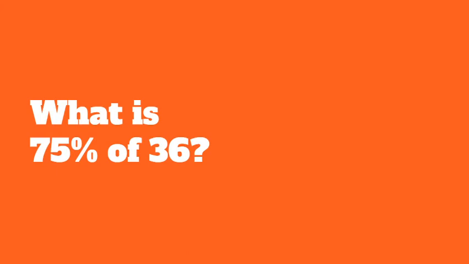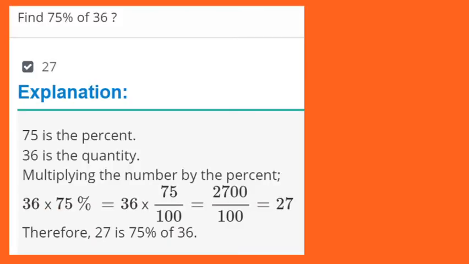Well, 75% is not as close to 100 as we'd like it, but it is a pretty big number. It's going to be a big majority of 36, a little bit more than half, right? So our number is going to be bigger than 18, but not as big as 36. Let's try to figure it out.